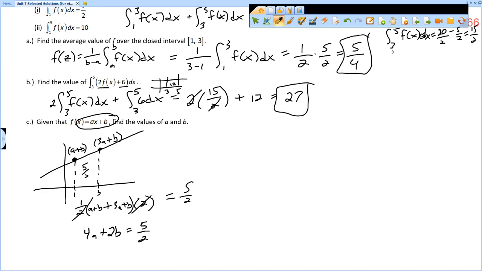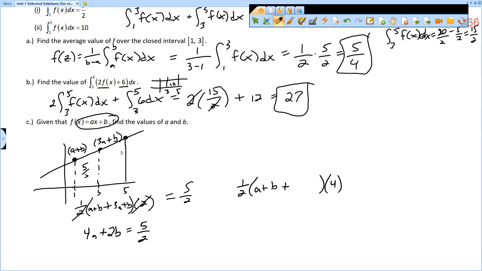Just a minute ago, we figured out that the integral from 3 to 5 was 15 halves, or we could use what we were given: the integral from 1 to 5 is 10. In the same way, we can say 1 half times base 1 plus base 2 times the height. Going from 1 to 5, that's a width of 4. Base 1 is going to be a plus b.